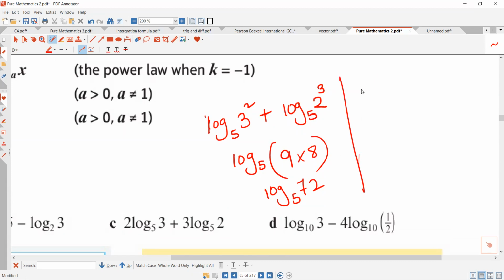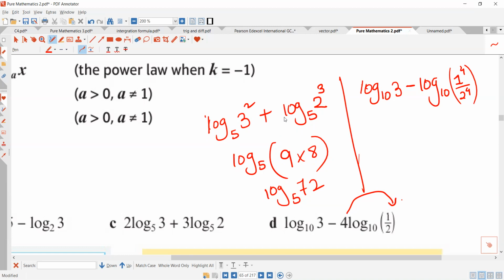For the D part, what can we do? I have log to the base 10 of 3 minus log to the base 10 of (1/2) raised to 4, that is 1 raised to 4 over 2 raised to 4. I'm just opening the brackets, because this 4 by using the power rule can come here as a power.